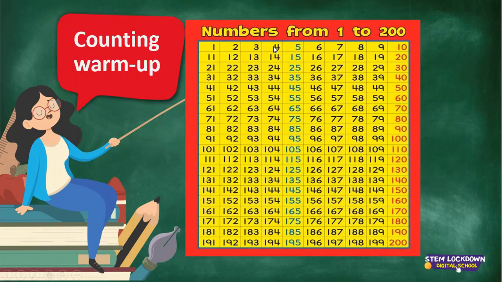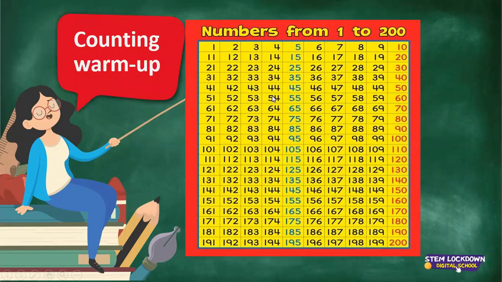We start with, come with me, I want to see you, and 4, 8, 12, 16, 20, 24, 28, 32, 36, 40, 44, and 48. Ready to go backwards?